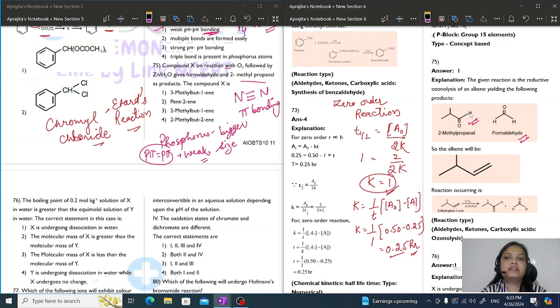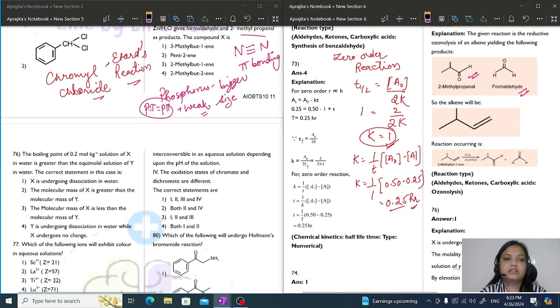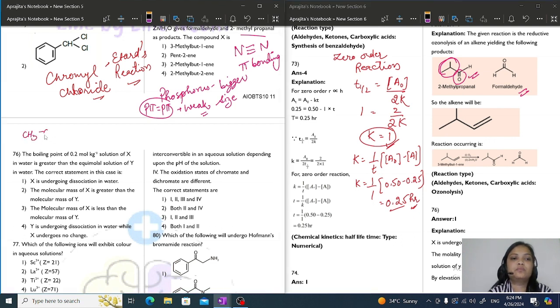We know that there is ozonolysis happening in this case, right? So we need to see which alkene is formed. Clearly you can see that we are having this group and there is a double bond at this position. So we can make this group an isopropyl group.